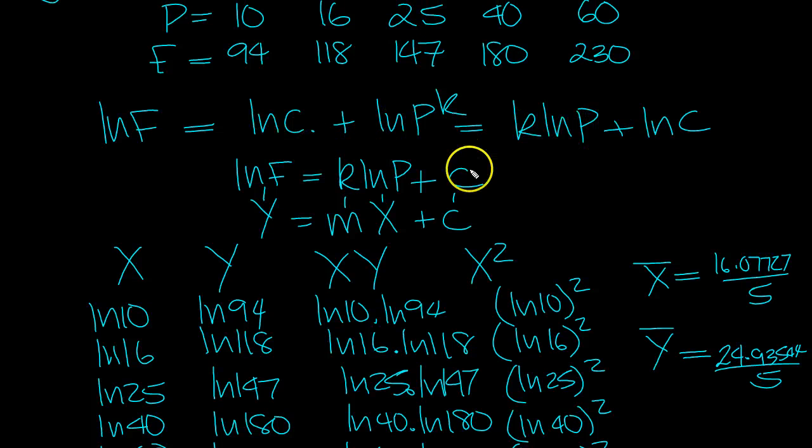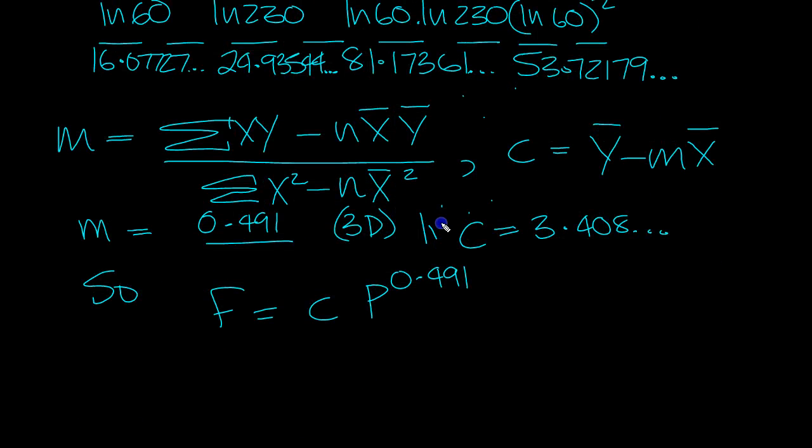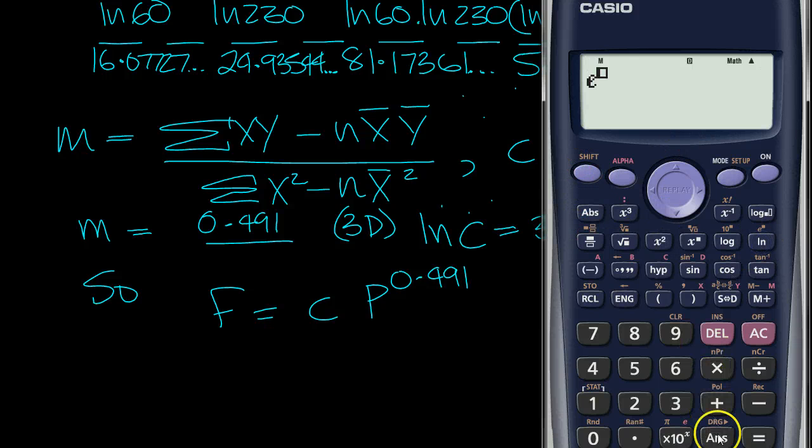Oh, log C. Oh, sorry. K log P plus log C. That's a bit of a mistake there, isn't it? I should have written log C. So our c in this problem corresponds to log C in the actual solution. So that's log C, and we've got 3.408. So if I do shift log of the answer, I'll unwrap the log: 30.211.